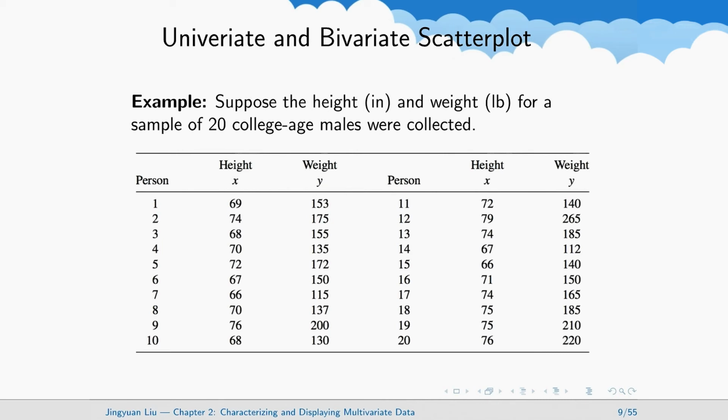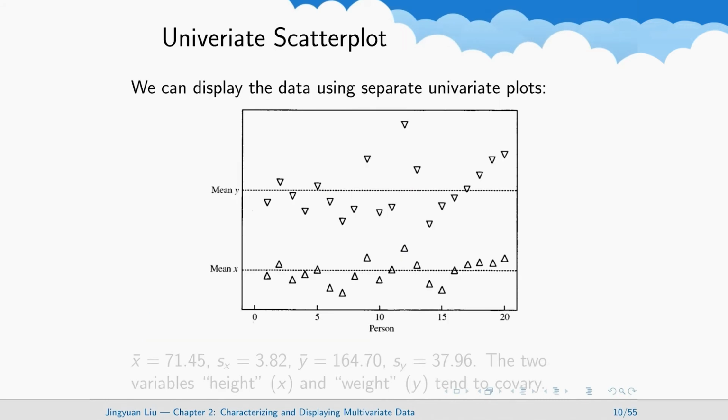You can just think about it in your mind first. When we only consider one-dimensional measurements, for example only height or only weight, we can use so-called dot plots, which are also a kind of scatter plot.